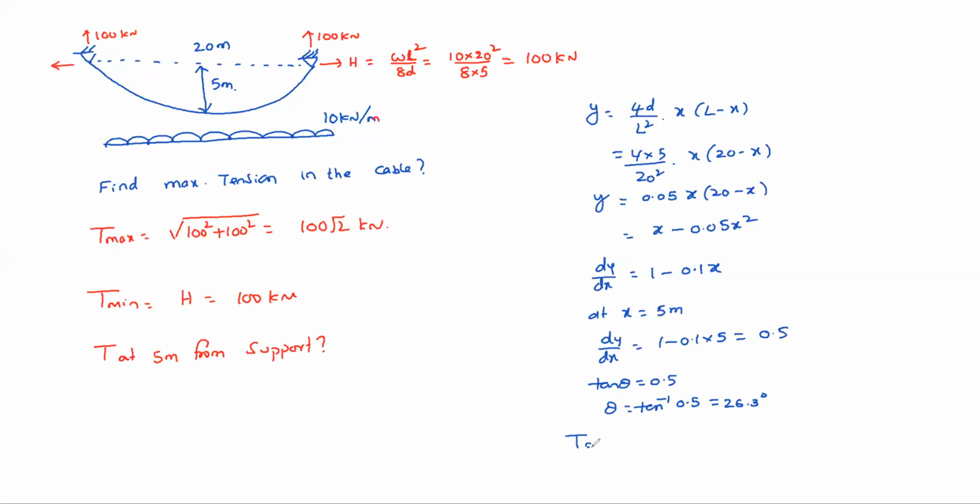Then tension at 5 meters equals what? That is H by cos theta, right? Formula: H by cos theta.